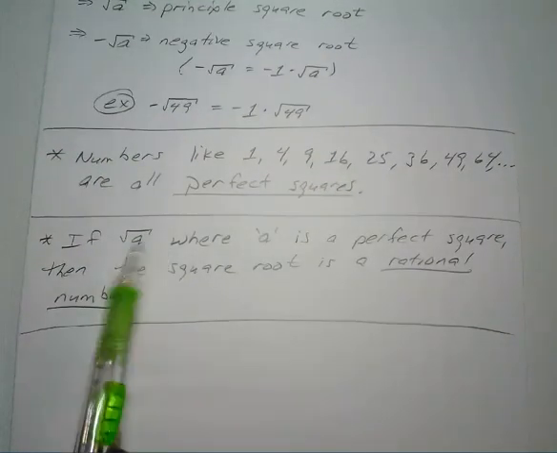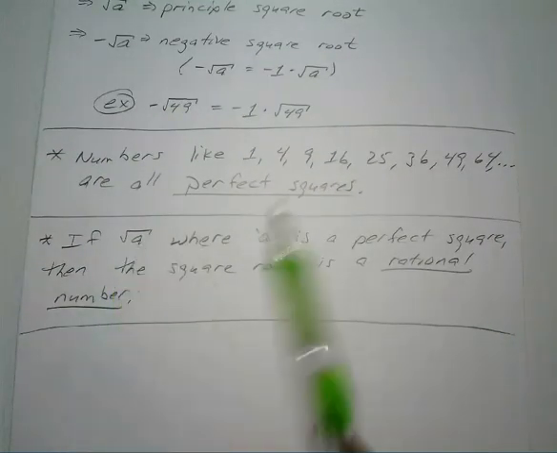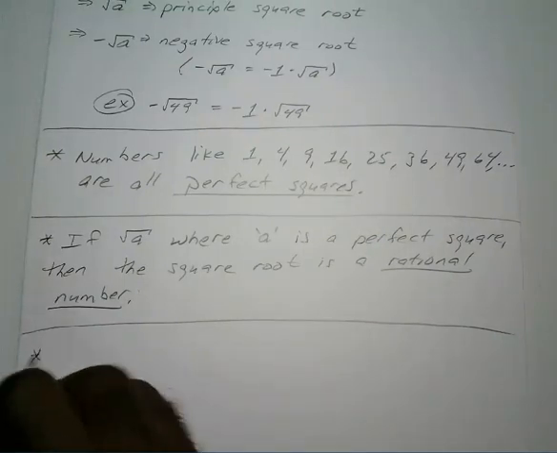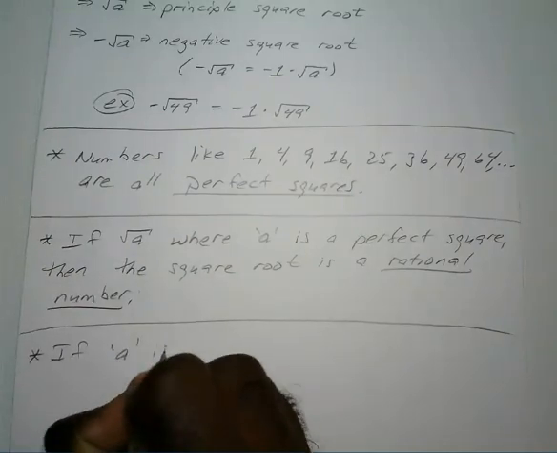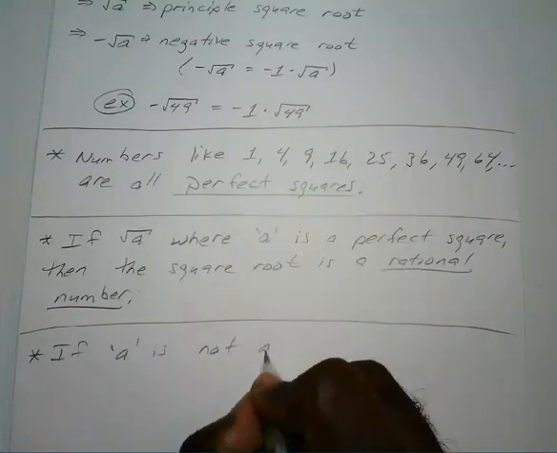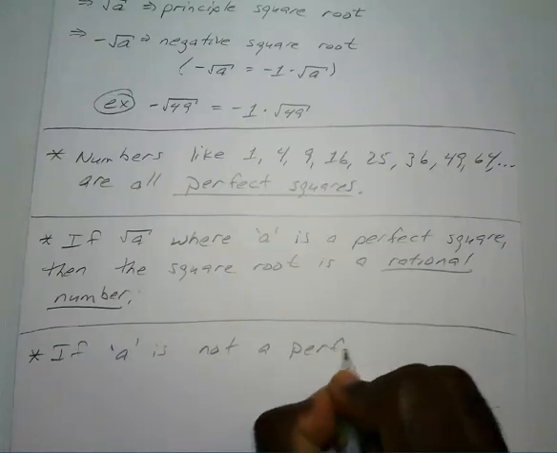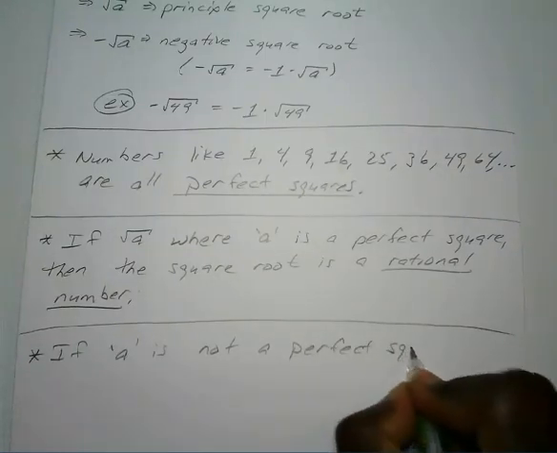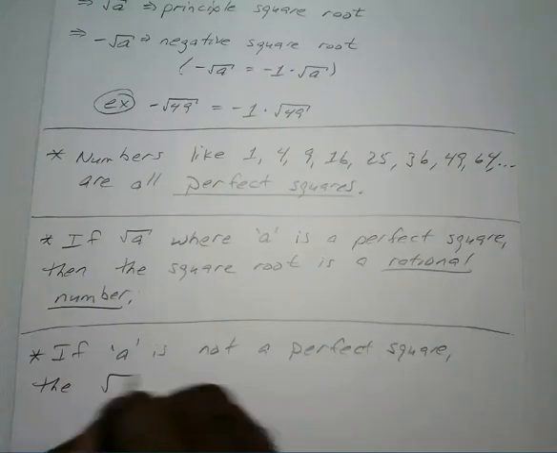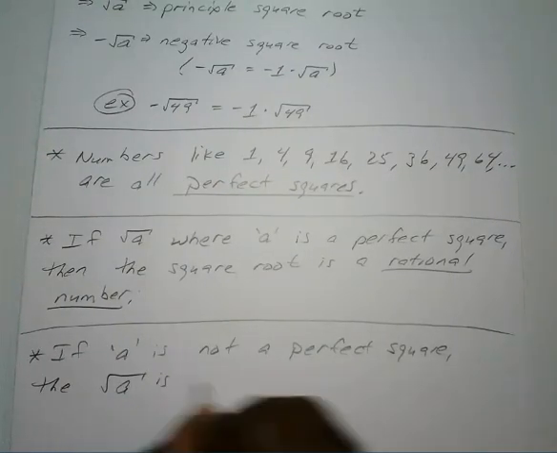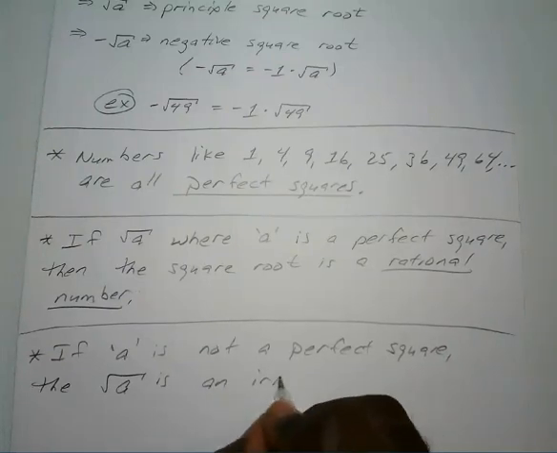Now, if your a value is not a perfect square, if it's not one of those numbers, then your answer will be an irrational number. If a is not a perfect square, then the square root of a is an irrational number.